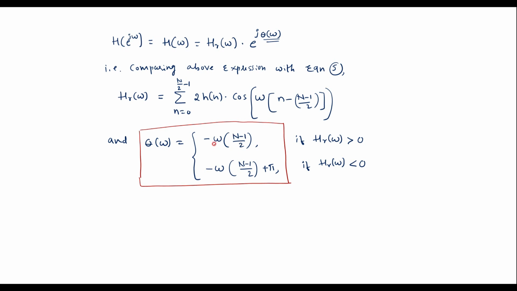Here omega is the variable and (N minus 1)/2 is the constant. So theta of omega, where omega is the variable, is equal to minus omega times some constant. It means that it is linear. Therefore FIR is linear phase.